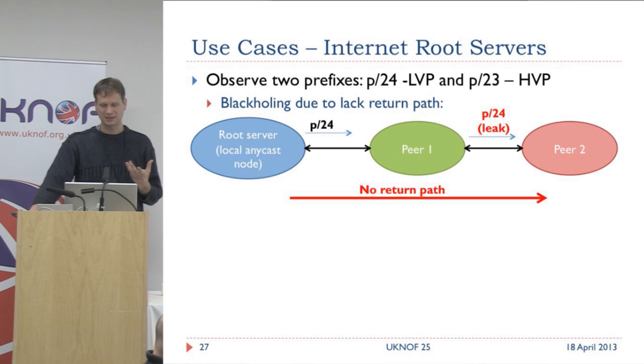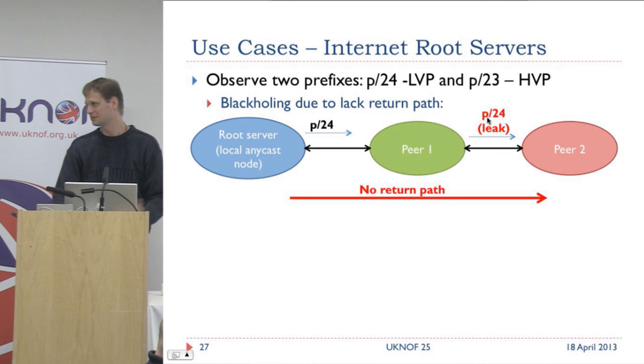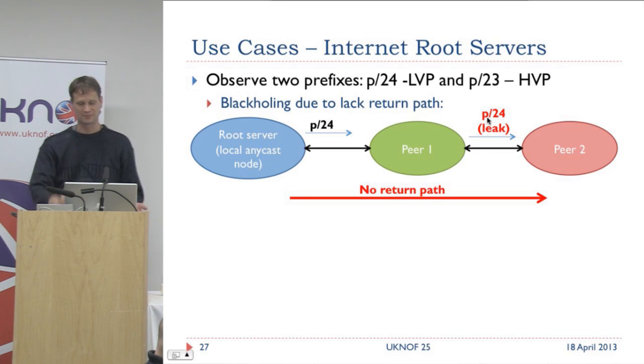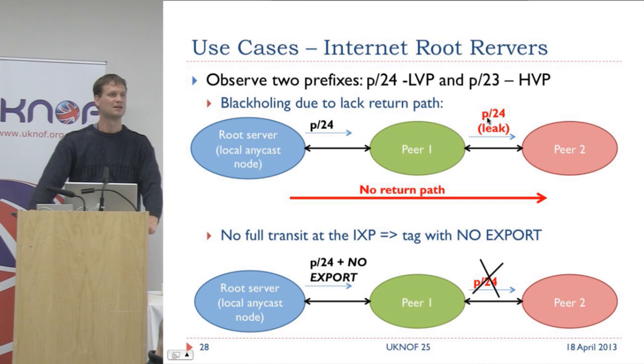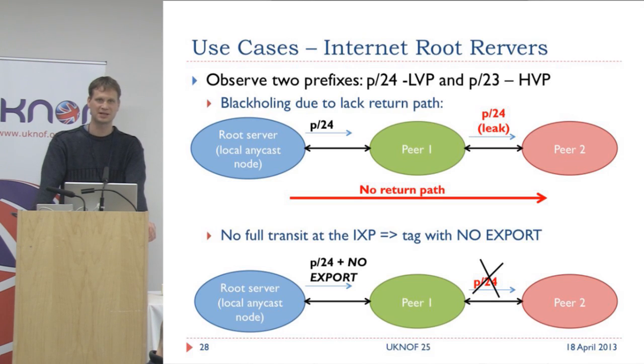This leakage was obviously not intentional, but it happened quite a lot. So what they did is they announced the /24 at all those local places with a no-export community set, which then doesn't export the prefix to the peer.